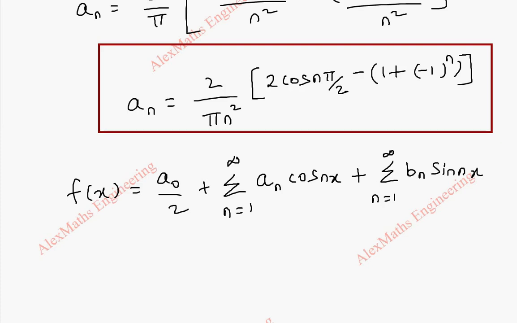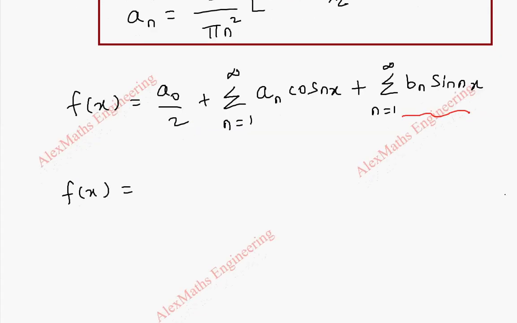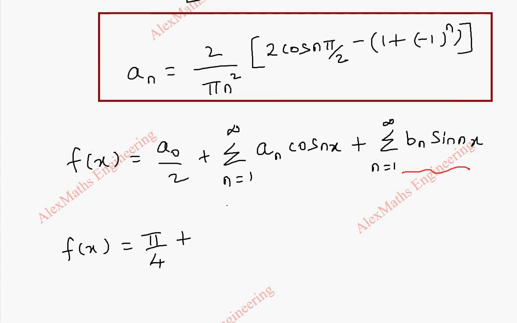Since bn is 0, this term will be totally 0, and in the rest of the places we are going to substitute the a0 and an. So a0, what we got here is pi by 2, but here it is a0 by 2, so that will become pi by 4 plus summation 1 to infinity.